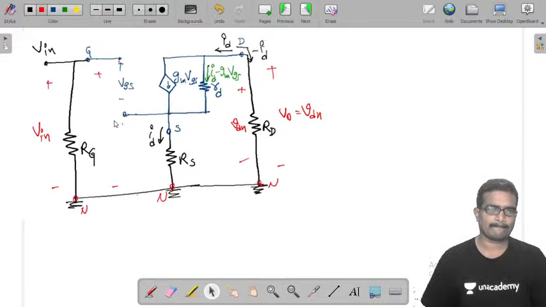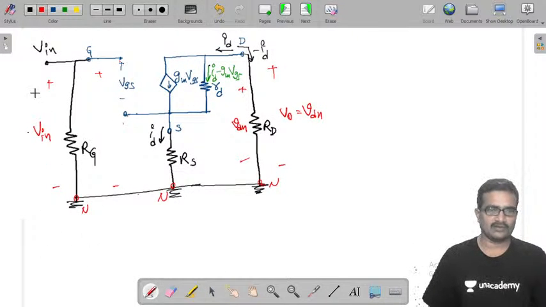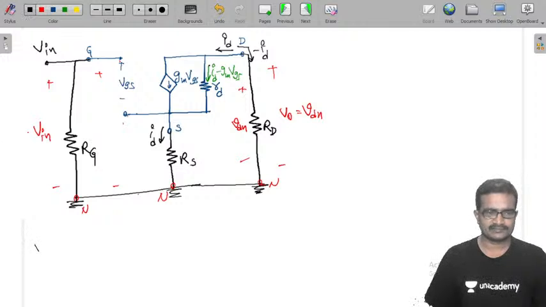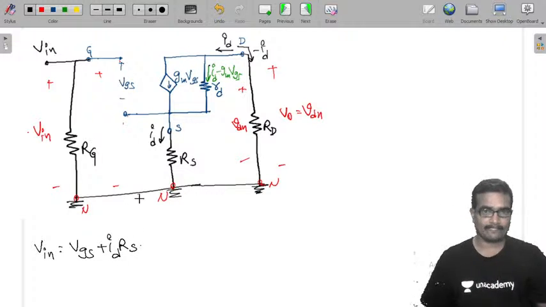This is your input. Now input can be written as VGS plus ID into RS. And VDN is the voltage across small rd plus the voltage across RS, which is equal to minus ID into RD.